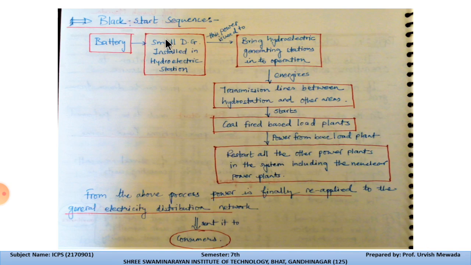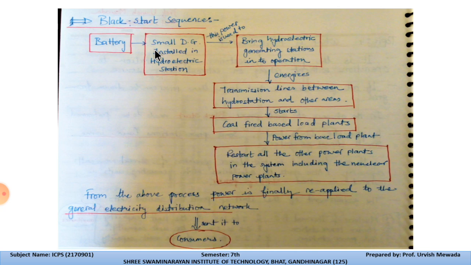Now this is the black start sequence. When the grid is not available, we need to black start the generating unit. So first of all, we will use the battery, and that battery supplies the small DG installed in the hydroelectric station, means for the field current. And this power is used to bring the hydroelectric generating stations into operation.